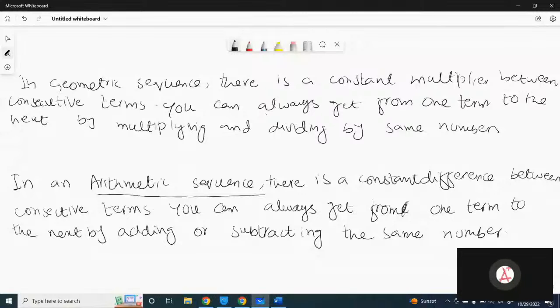Okay, a sequence can be either arithmetic or geometric. Got it?